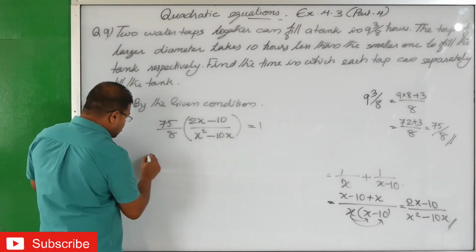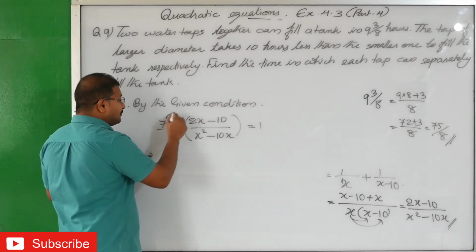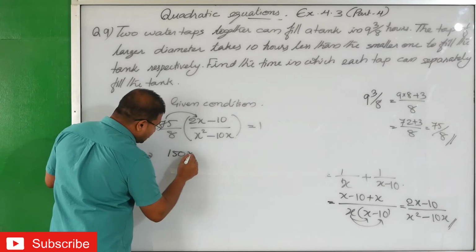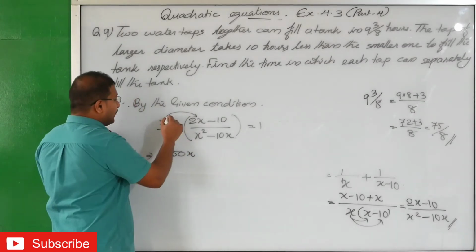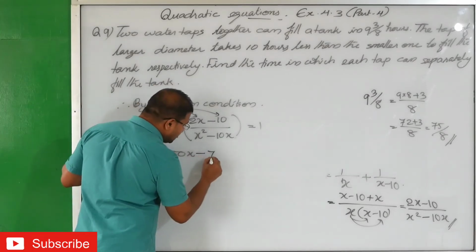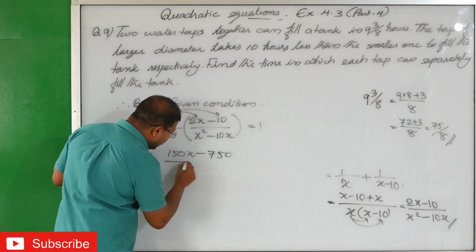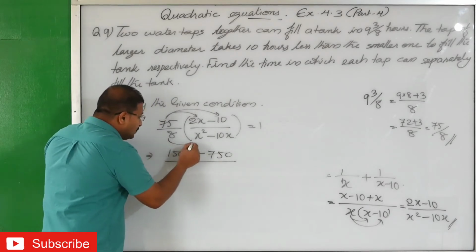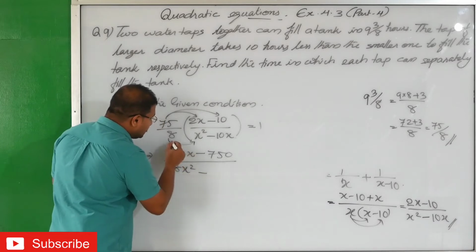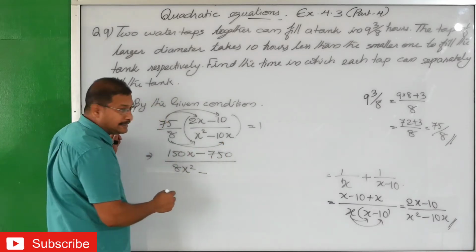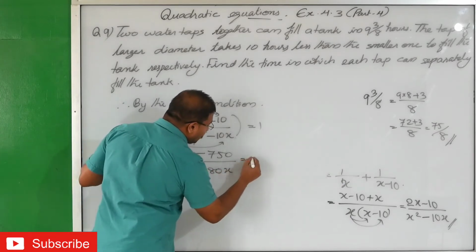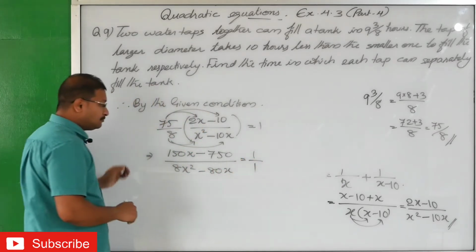This implies we will open it. 75 into 2x, that is 150x. 75 2s are 150. Then again 75 into minus 10, that is minus 750, divided by 8 into x square, 8x square, minus 8 into 10, 80, that means minus 80x equals 1, you can write 1 by 1.